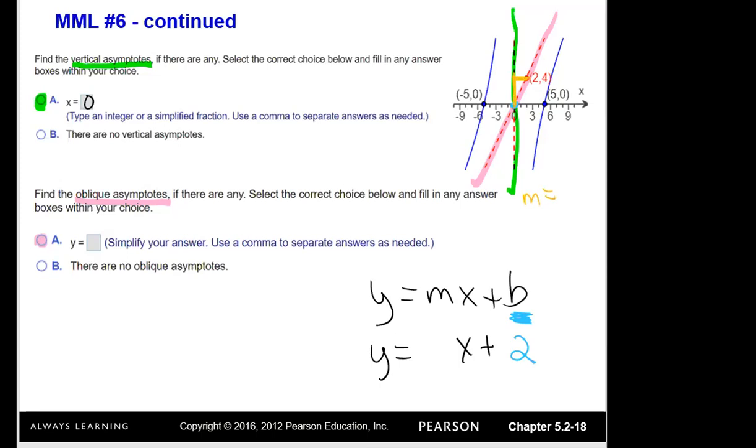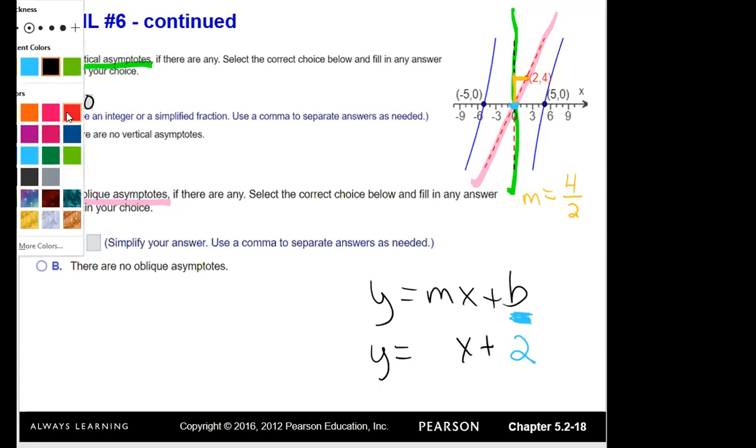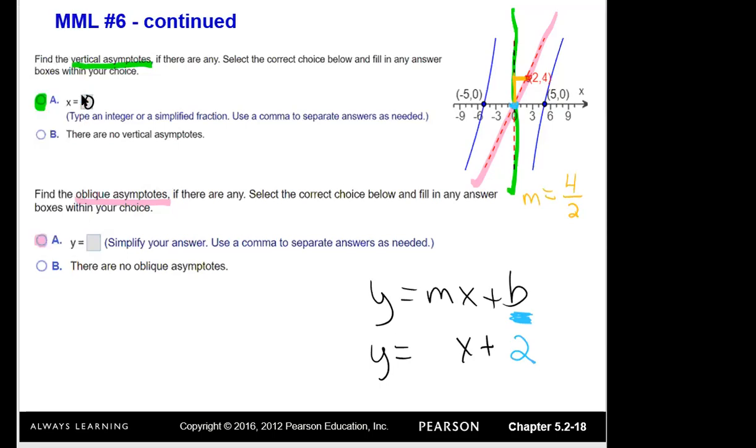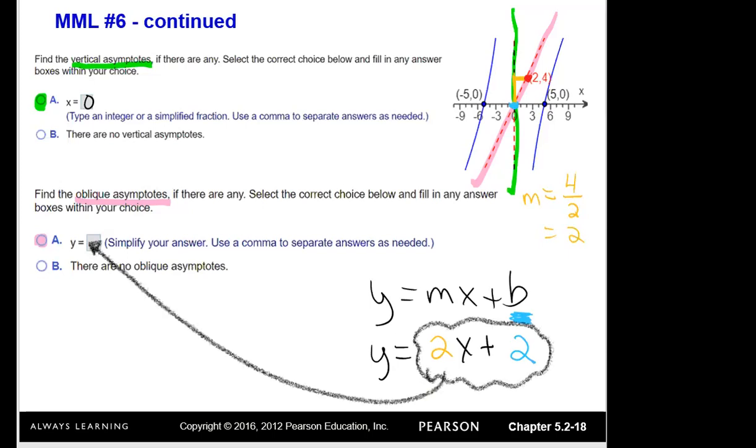Going from one point to the next, I would have to rise up 4 and run over 2, from the blue point to the red point. That would be up 4 over 2, which would be a 2. And they have the y equal to part, so you just have to take the 2x plus 2 and type it in right there.